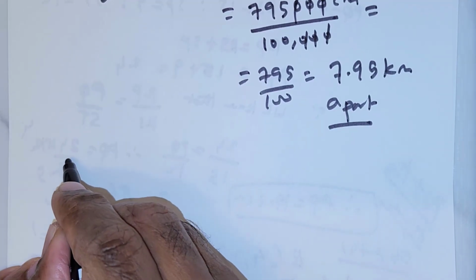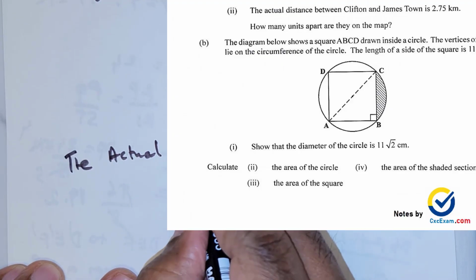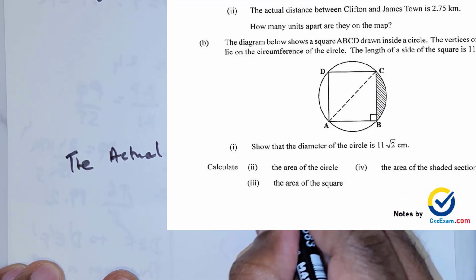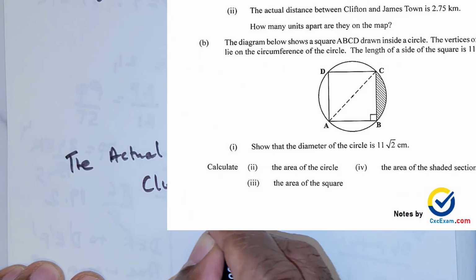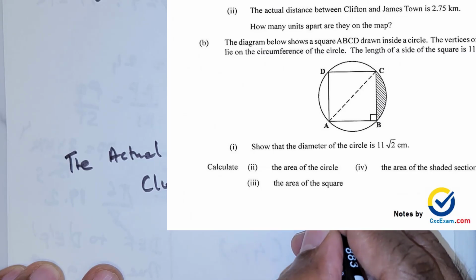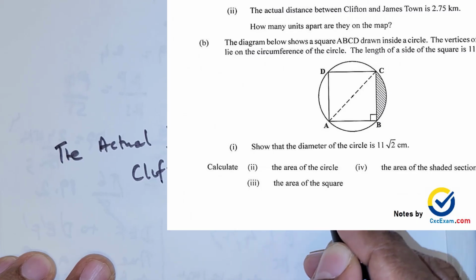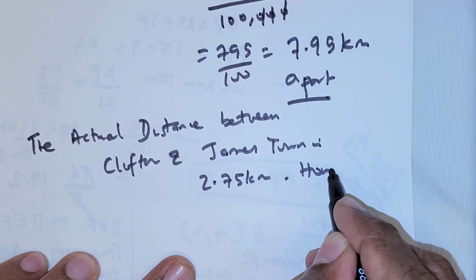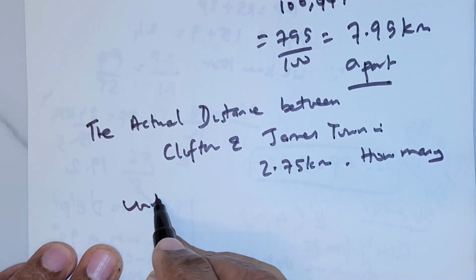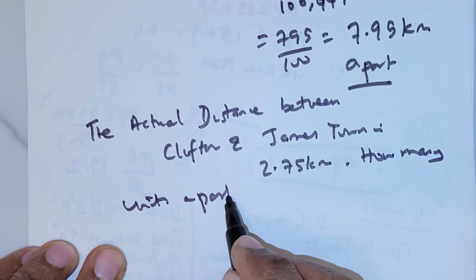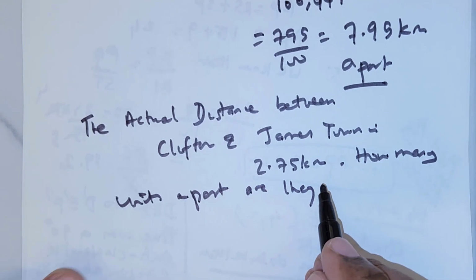So the next is the actual distance between Clifton and Jamestown is 2.75 km, and we are asked to find how many units apart they are on the map.